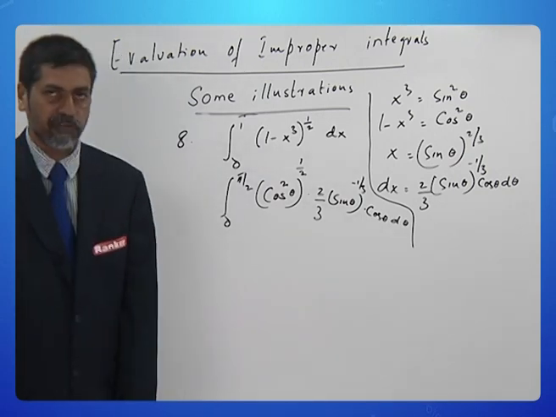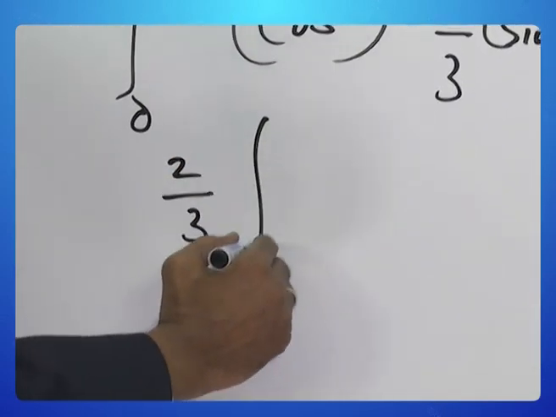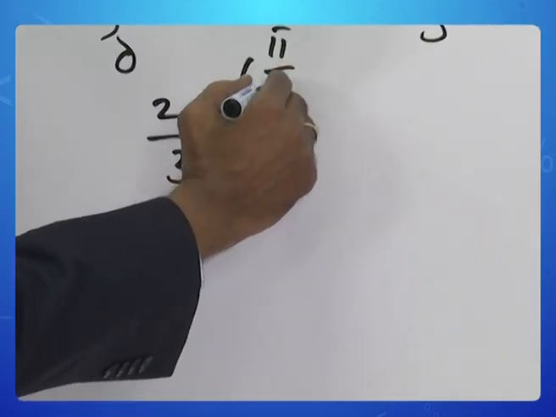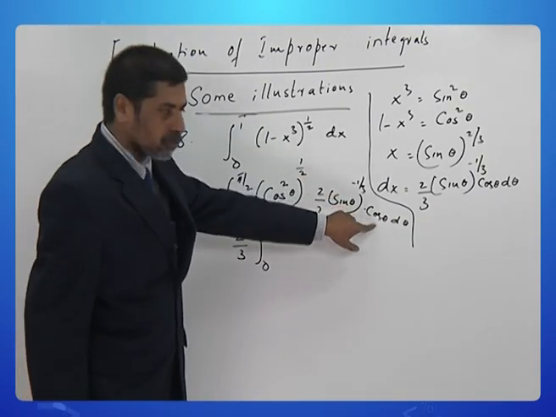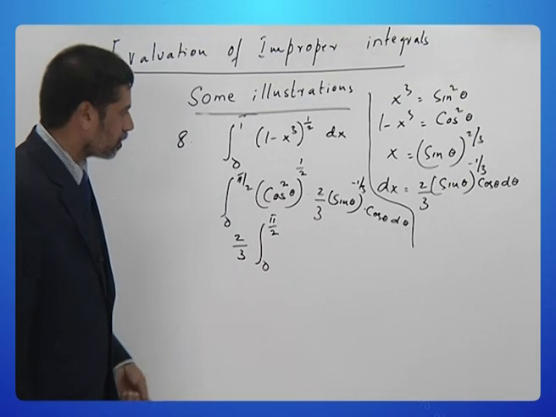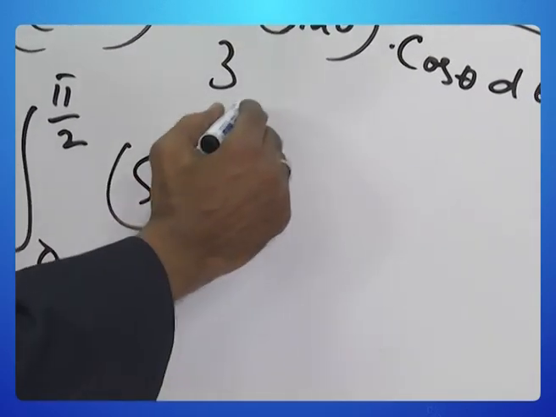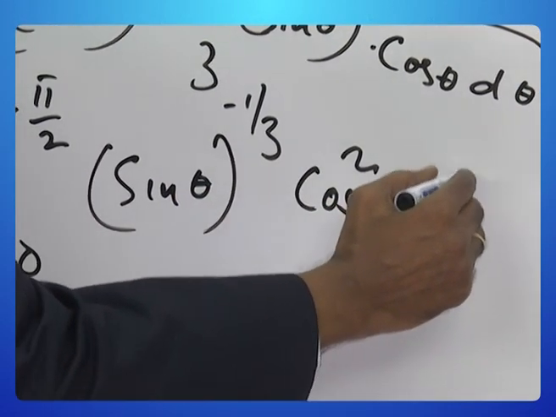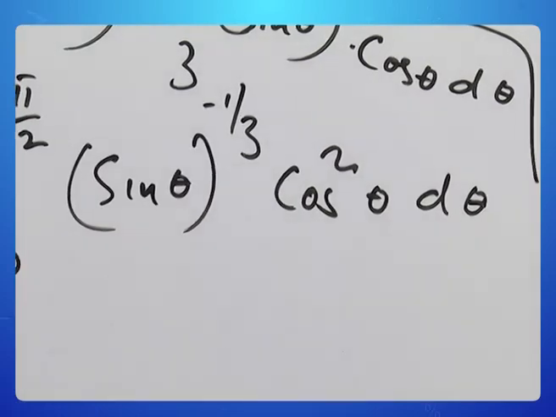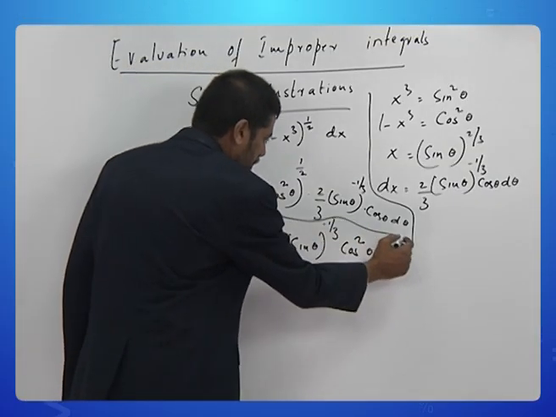Let's do a little bit of simplification. 2 by 3, 0 to pi by 2. This becomes cos theta. There is already another cos theta, so it becomes cos square theta. So we have sin theta power minus 1 by 3 cos square theta d theta. Now you must be able to handle this integral.